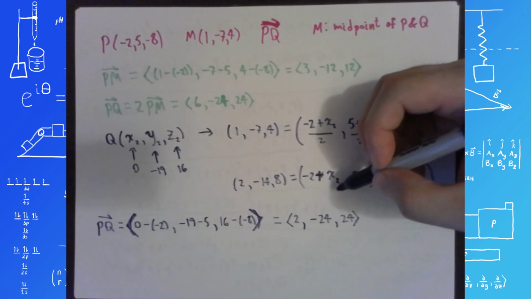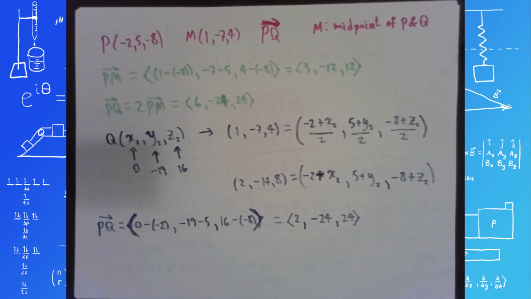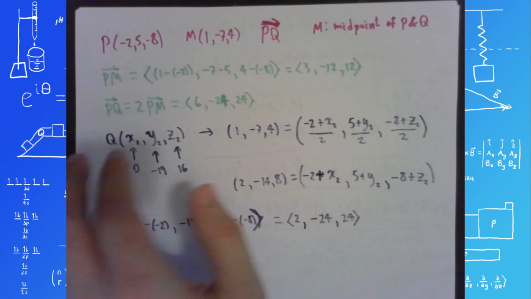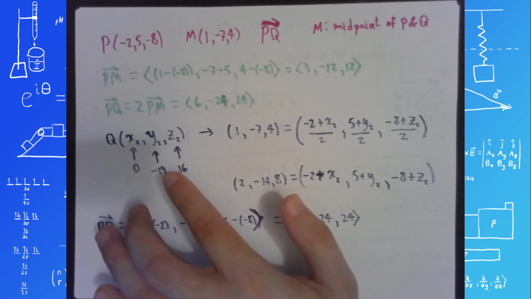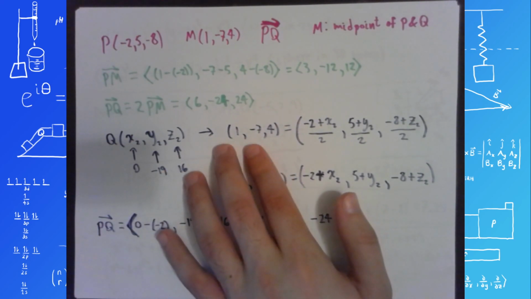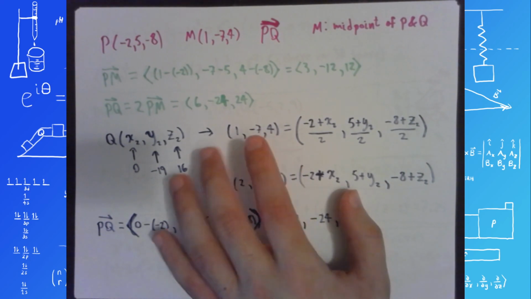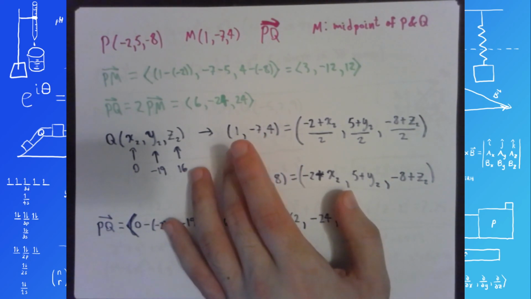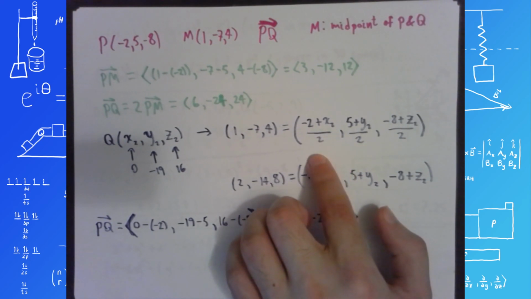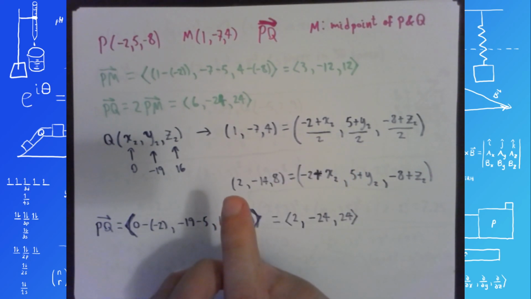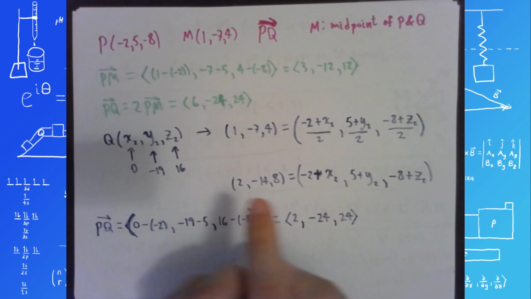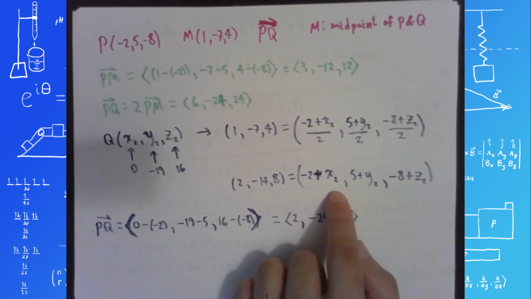Negative 2 plus x2 over 2 equals 1. That would then mean that x2 has to be 4.